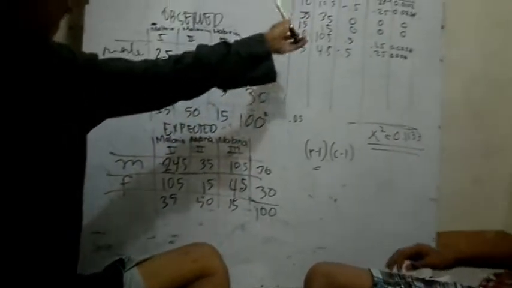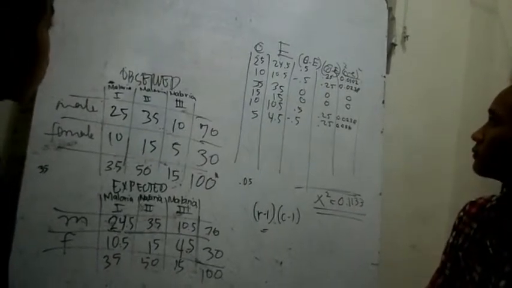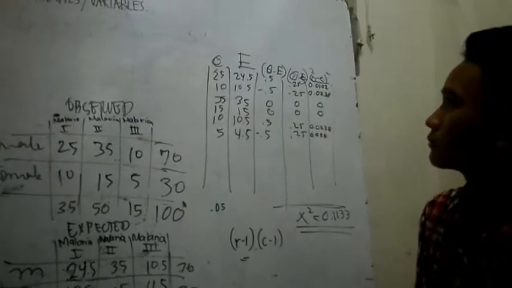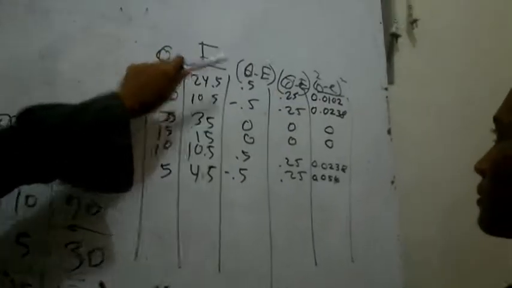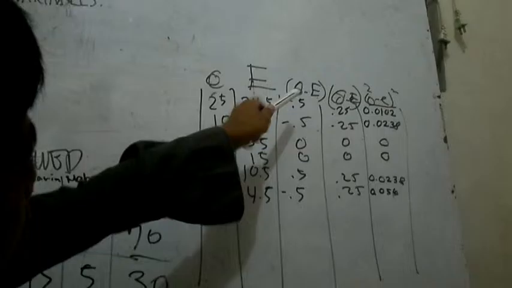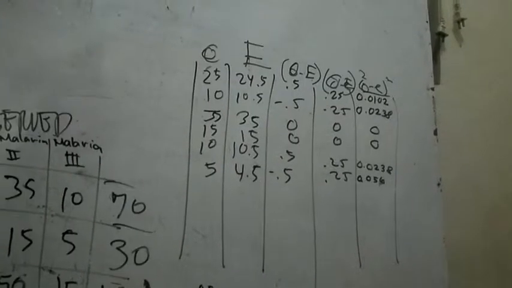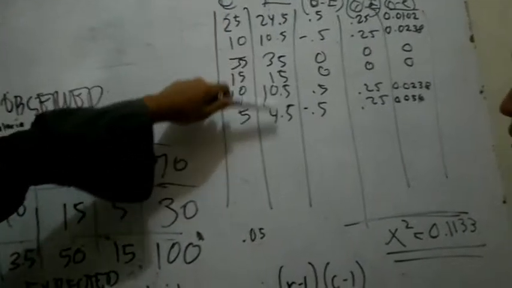Then proceed to the next. This is the distribution table of the chi-square test. O means the observed data, E means the expected, and this is the difference between the observed and the expected. First, we fill up the observed data, then the expected.